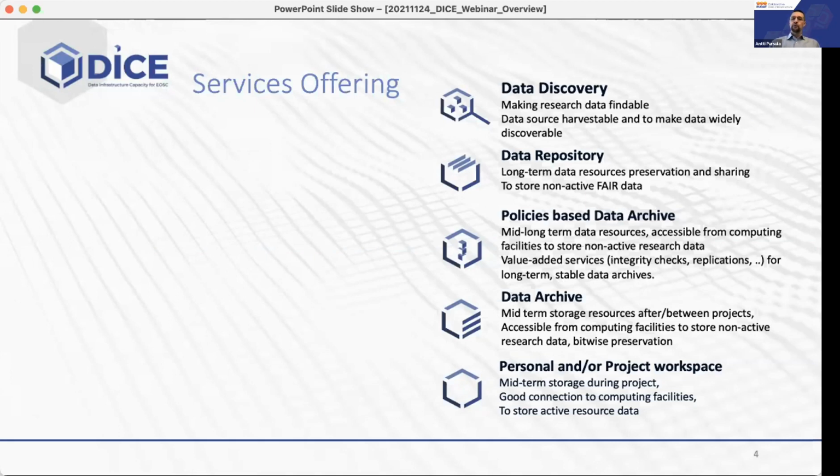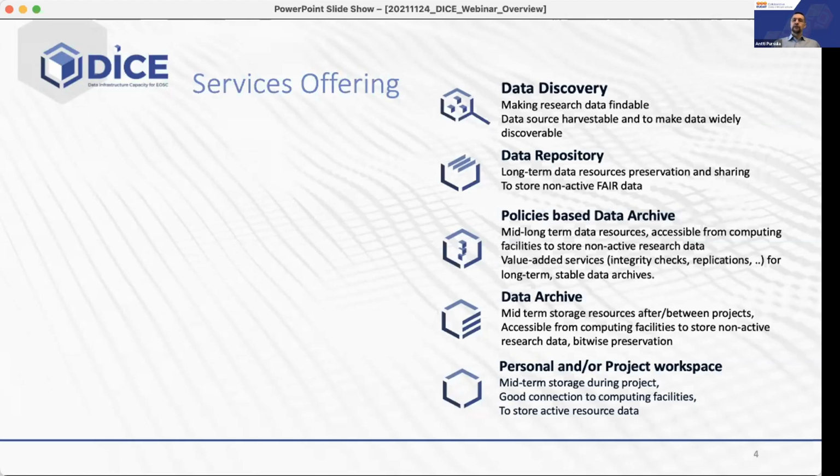Then there are 2 different flavors of data archives. The policy-based data archive has, let's say, a management layer on top of the storage, which then allows value-added services such as replicating the data, staging it to computing, integrity checks, persistent identifiers, and so on.